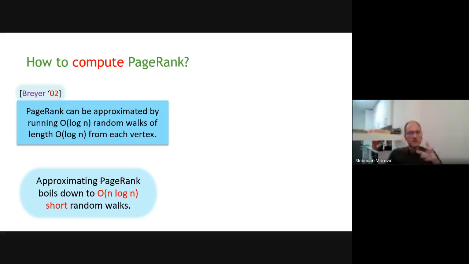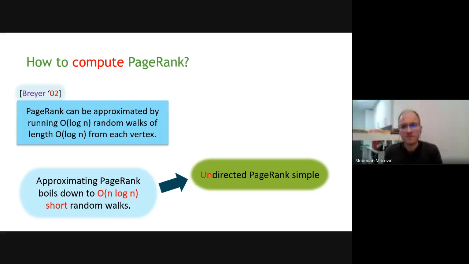Okay? This is also one of the applications that I mentioned early on, where you want to compute many independent random walks. And this is also great news, because remember from what we saw for undirected graphs, if you want to compute undirected PageRank, it's very simple.